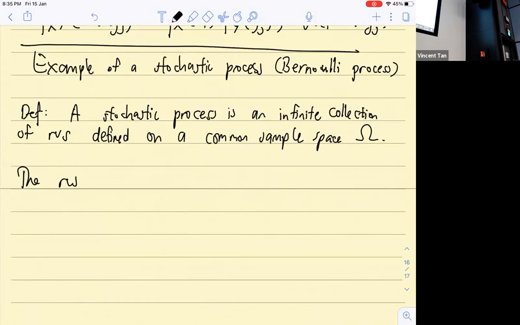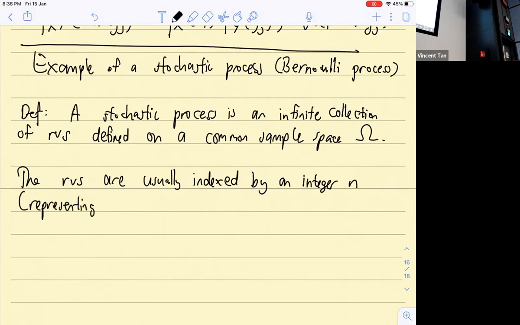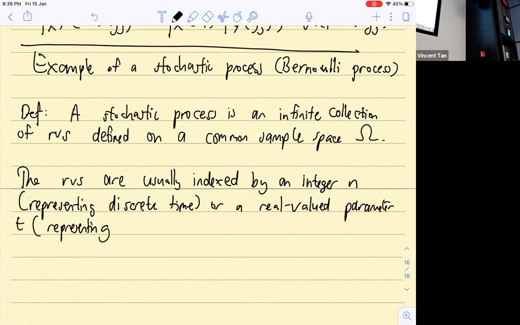The random variables are usually indexed by an integer n, representing discrete time, or a real valued parameter t, representing continuous time.